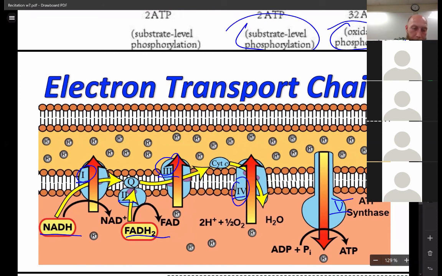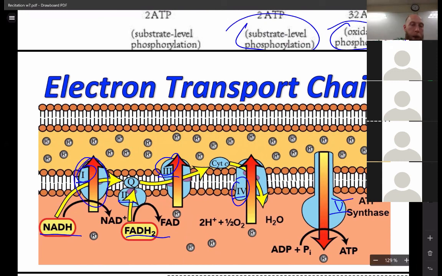FADH2 only uses, in terms of pumping complexes, 3 and 4, whereas NADH goes through complex 1, which also pumps. And so you're getting more hydrogens pumped across per NADH than FADH2, because FADH2 uses complex 2 in order to get into the electron transport chain, and complex 2 doesn't pump any protons.